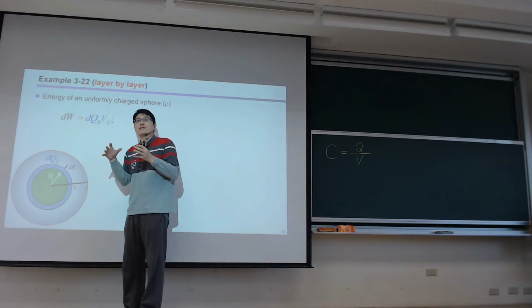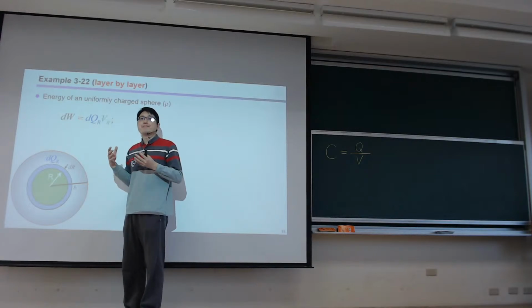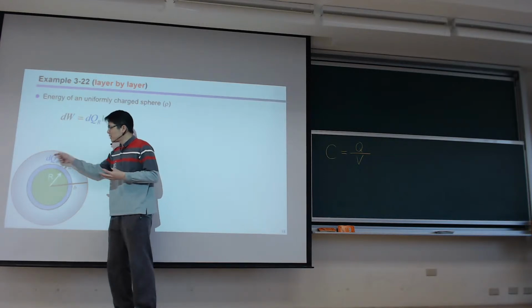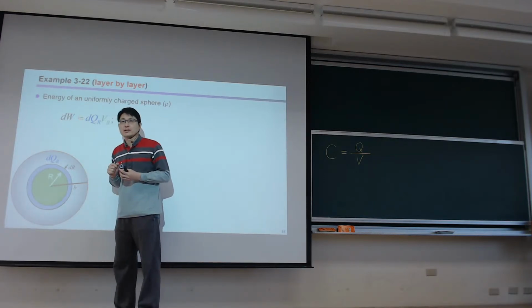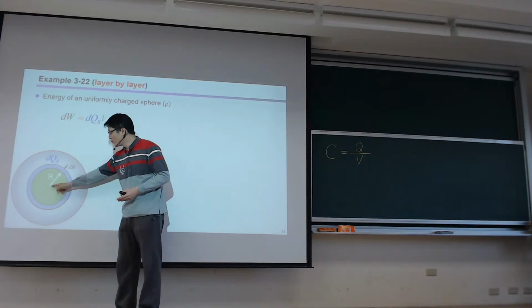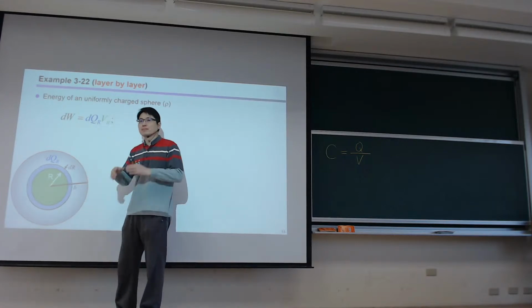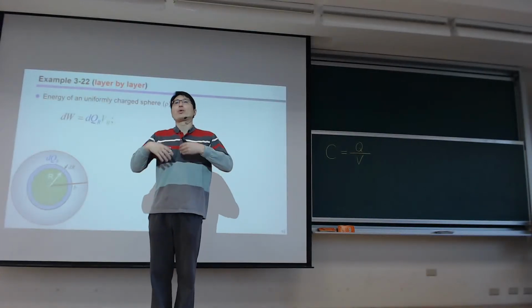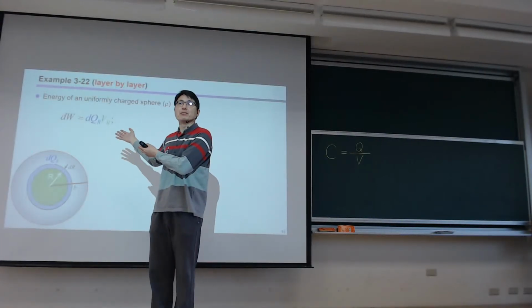So I can analyze the amount of energy required to assemble each shell onto the sphere. If I integrate the radius all the way from 0 to b, I know the total amount of energy being stored or required to assemble this sphere.